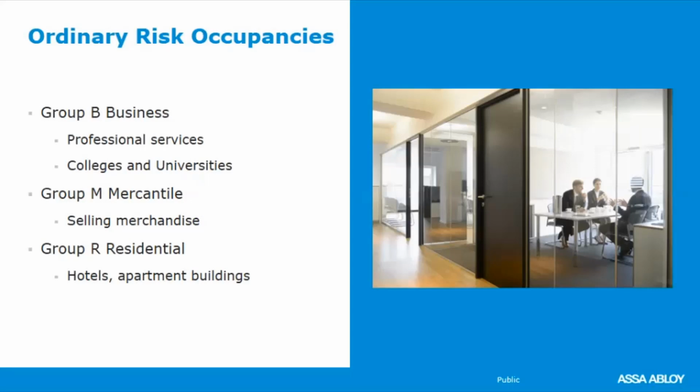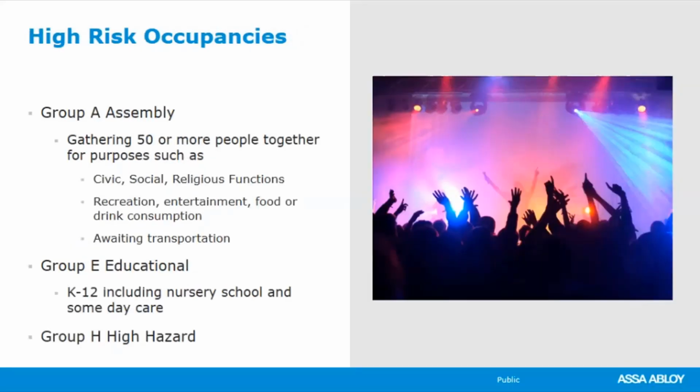And then if there's a higher risk occupancy, for example, Group A assembly is one of the high risk occupancies. That's when you have 50 or more people gathering together for such purposes as civic, social, religious functions, recreation, entertainment, food or drink consumption, or awaiting transportation.